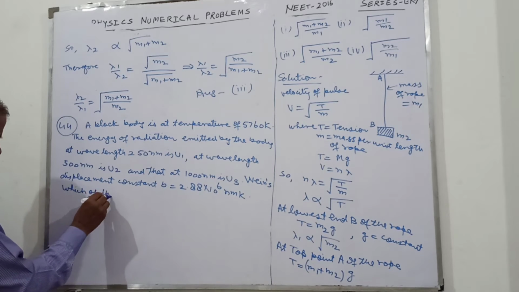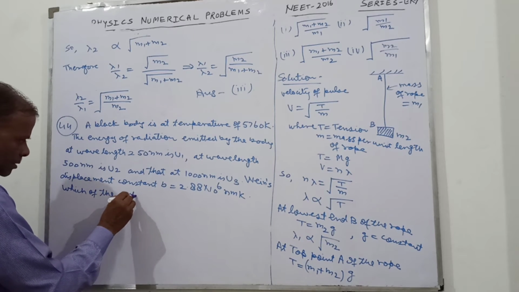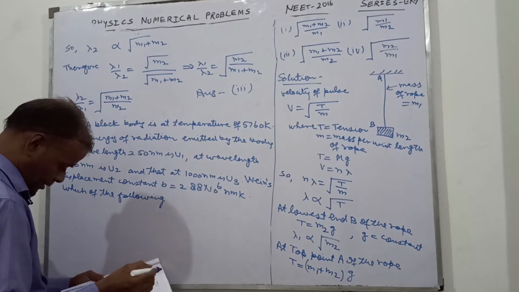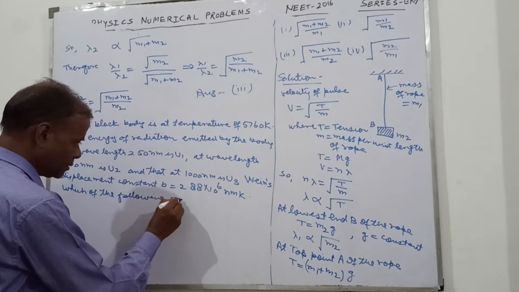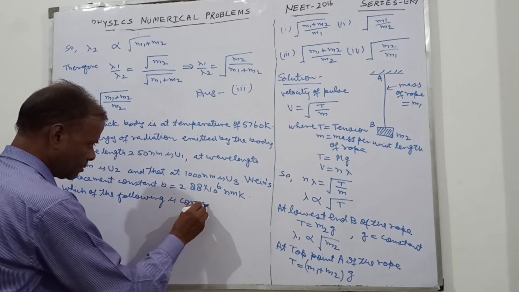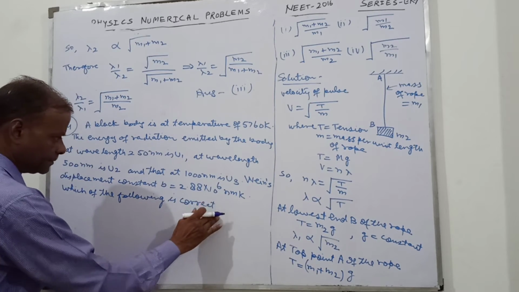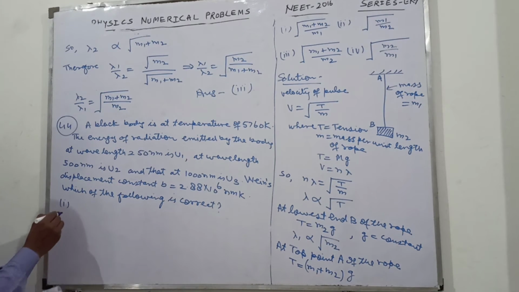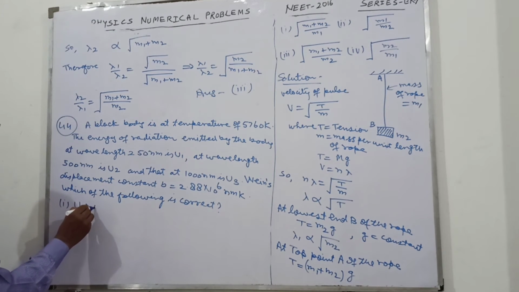Now the options are: u2 greater than u1.